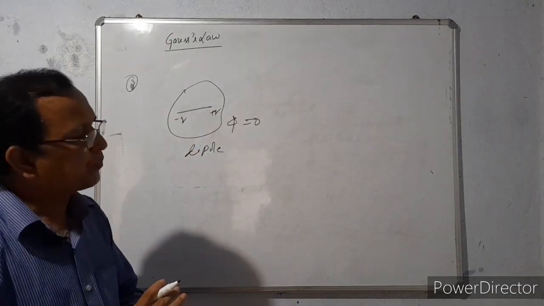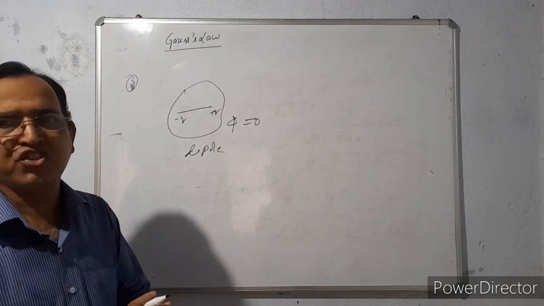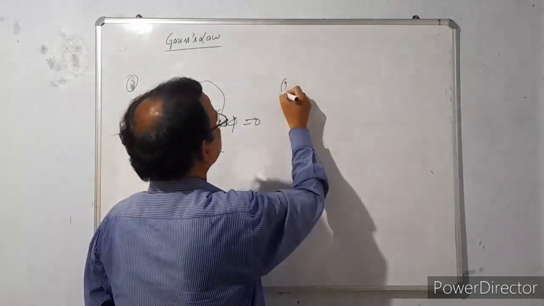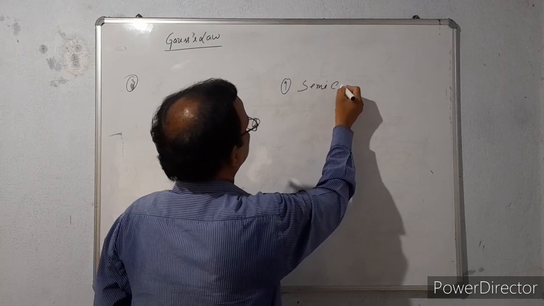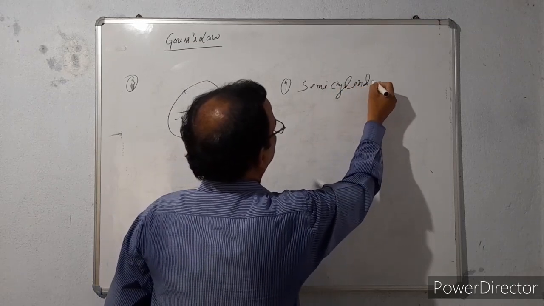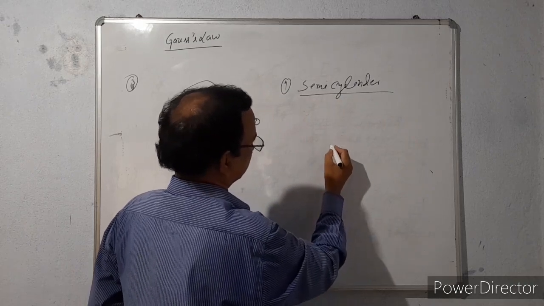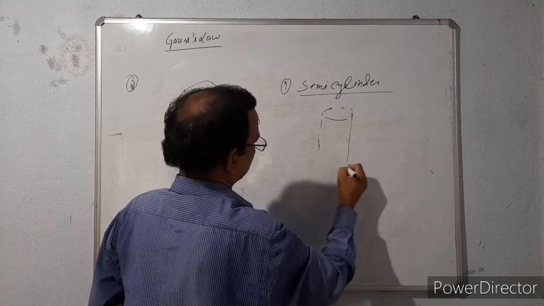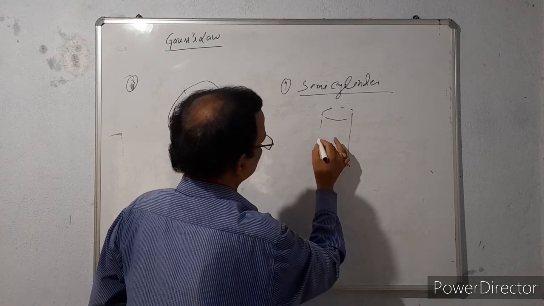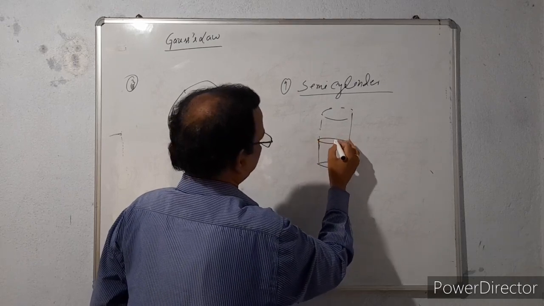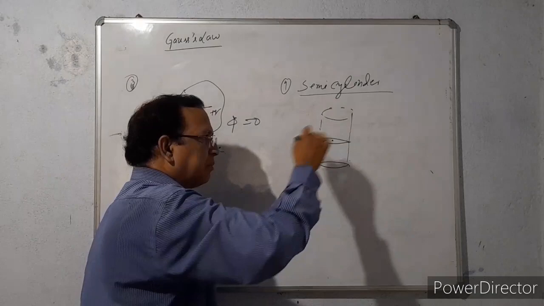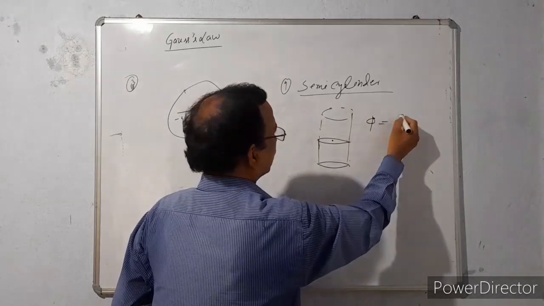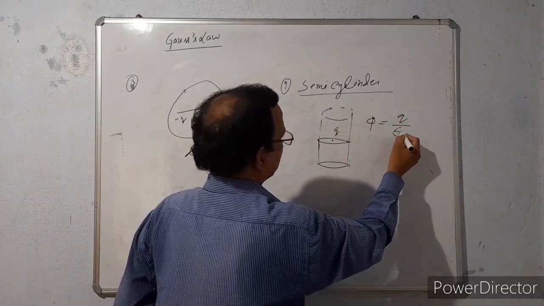In case of a semi-cylinder, in case of a total cylinder, the phi is equal to Q by epsilon naught if a charge is placed inside.